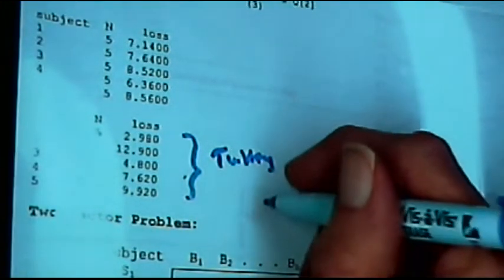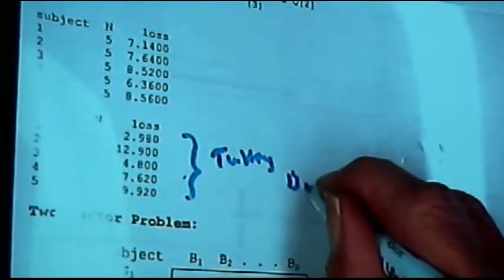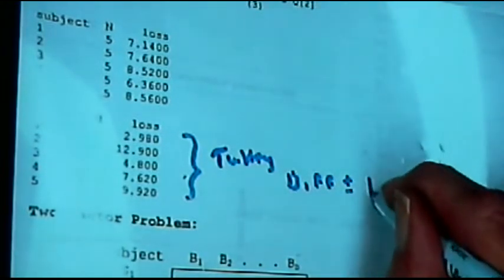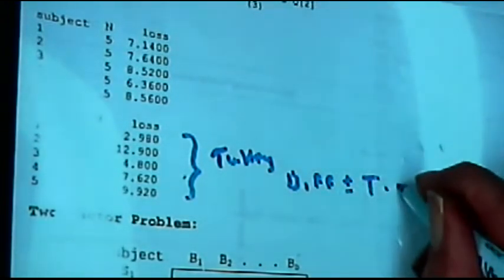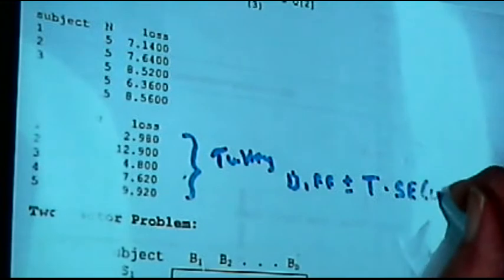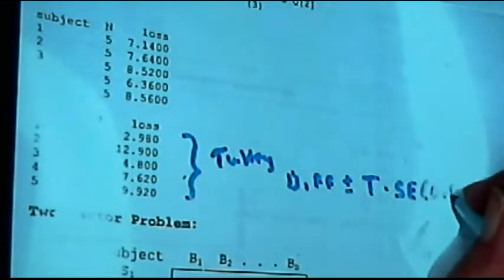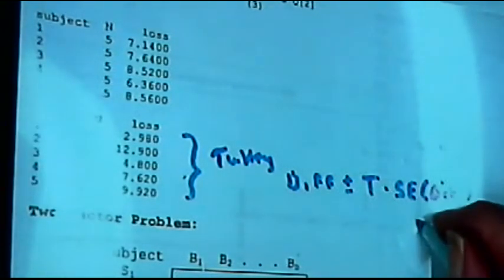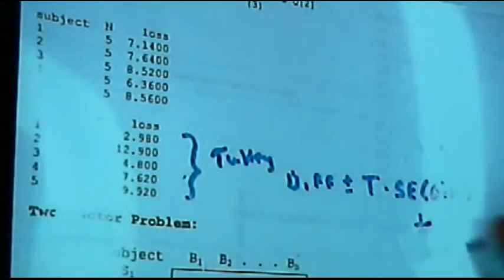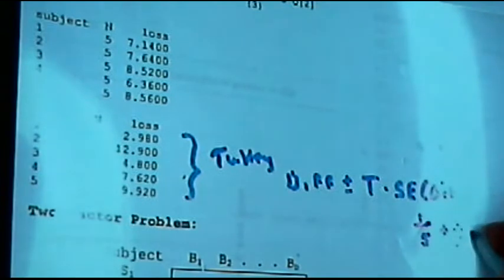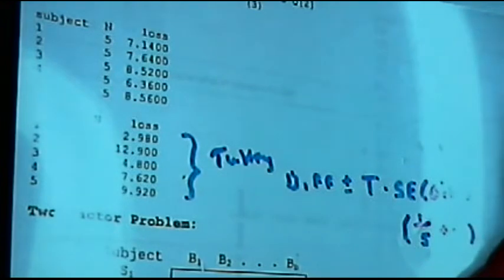We would say we take the difference between 2 means, plus or minus a 2 factor times a standard error of the difference. And the standard error for the difference is going to be something like 1 over sample size is 5 plus another 1 over 5 times the estimate of sigma squared, which in this problem is the mean square error.